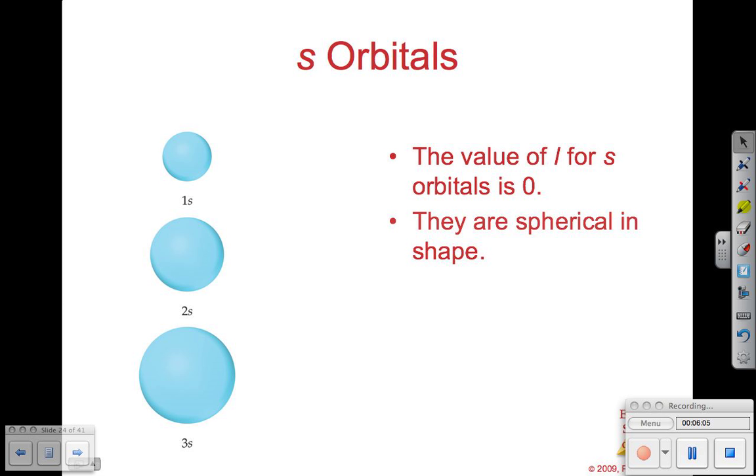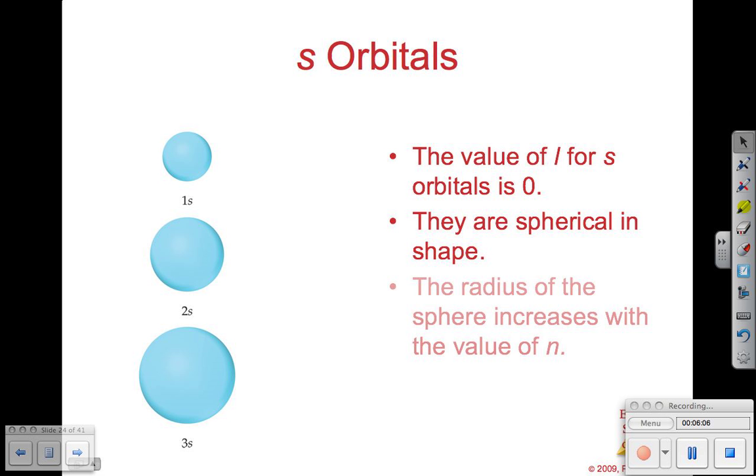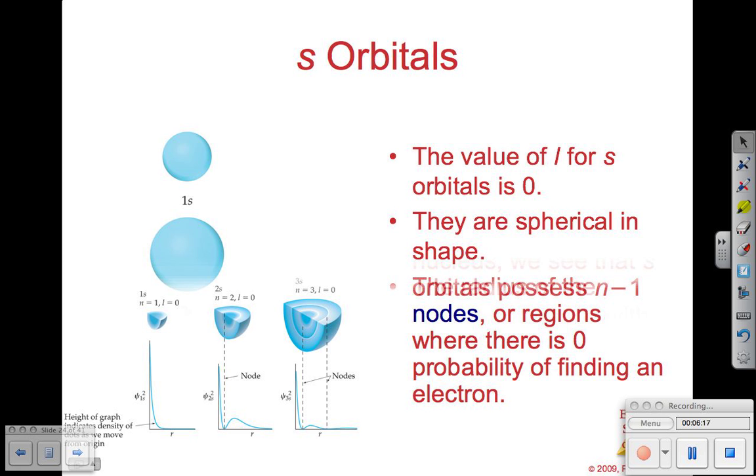So for the s orbitals, the value of L is 0. The shape is spherical. The radius of the sphere increases as the value of n increases. So it's just that idea as we go down the periodic table, the s subshell gets larger.